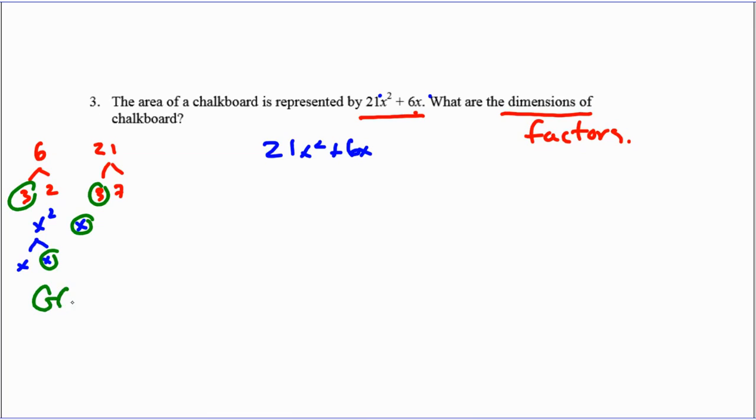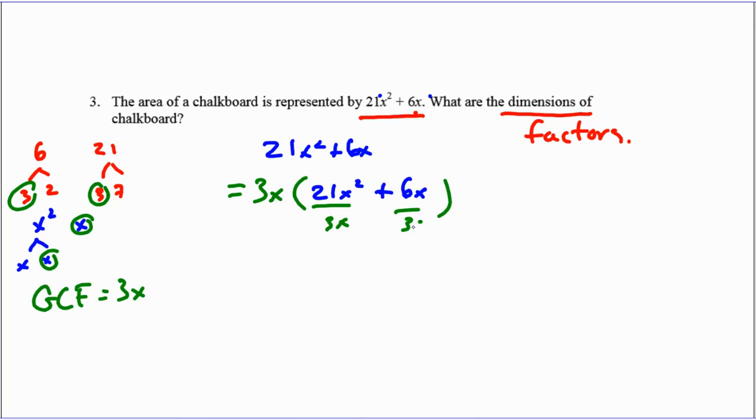Overall I have a GCF of the 3 and the x. That's what we're going to divide by. So take your 3x, build a bracket, and put in the other numbers: 21x squared plus 6x, and we're going to divide both by 3x.